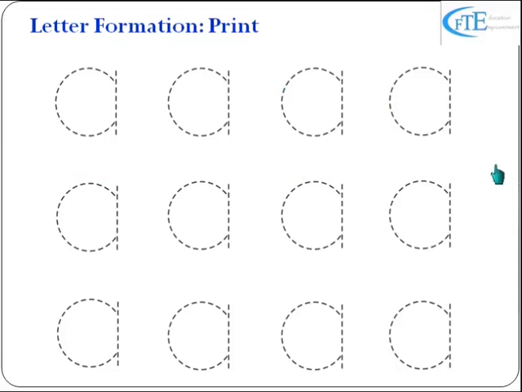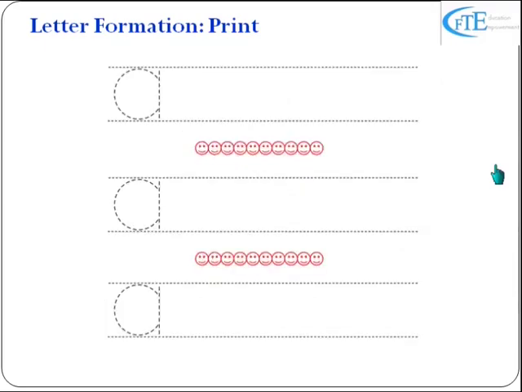So initially, the child writes the letter, traces the letter without those two guiding lines. Again, remember, do not insist on perfect letter tracing. Once the child is comfortable, then you could get the child to trace the letter within two frames.